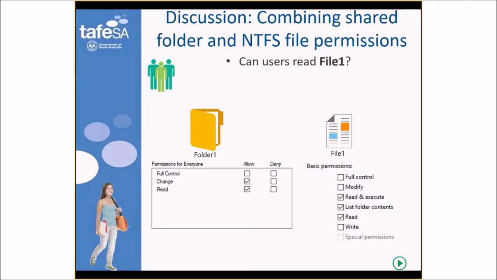So what happens? Well, you combine the share permissions and the NTFS permissions together. But it's not like what we said before, it's not cumulative. It's actually the most restrictive wins, which means that if I have share full control and NTFS read-only, when you combine them, I've only got read-only.